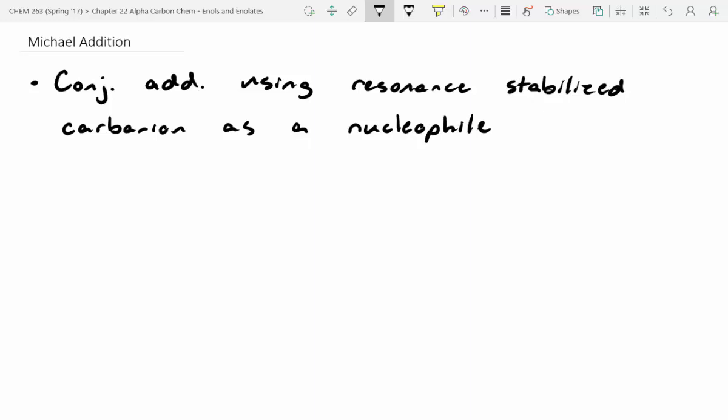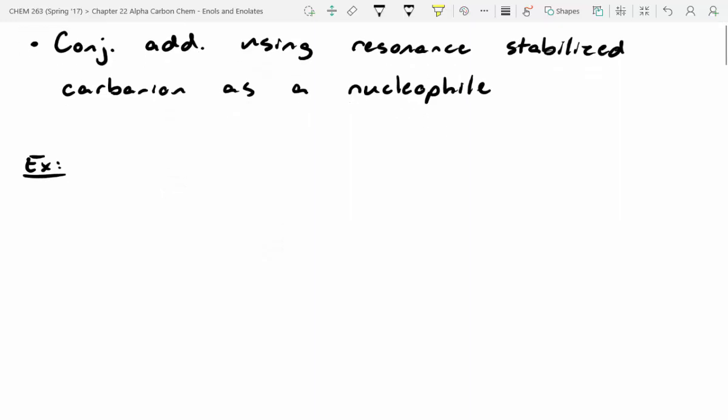So let's take a look at an example of the Michael reaction. And we're going to take a diketone, specifically a 1,3 diketone, and we're going to first treat this with sodium hydroxide.